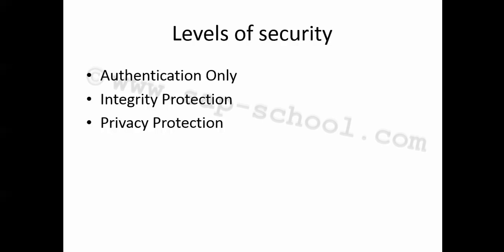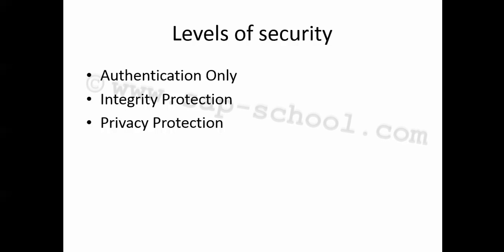After that, we have the integrity protection. In authentication only, no actual data protection is provided. But when using integrity protection, the system detects any changes or manipulations of the data which may have occurred between the two endpoints of a communication.